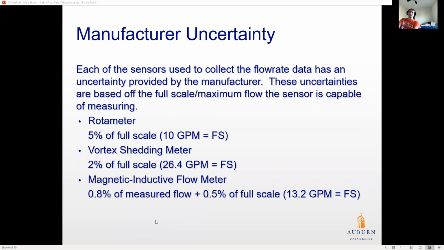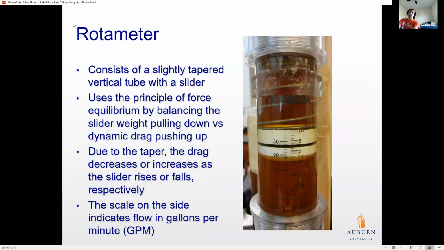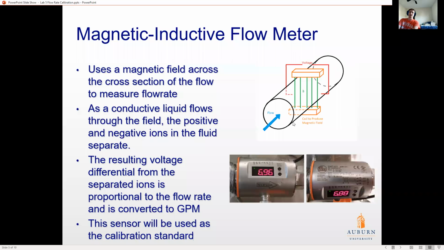So the standard is what we're using to calibrate the other two sensors. So the rotometer and the vortex shedding meter are going to be calibrated to the magnetic inductance meter. So what that means is we're going to say whatever the readings that came out of this sensor are the actual flow. That's what the flow was.